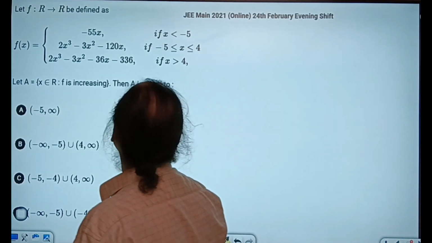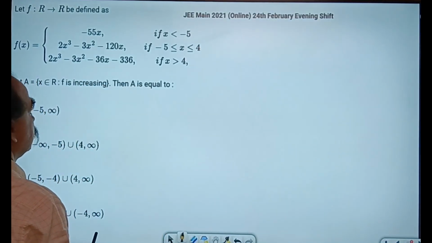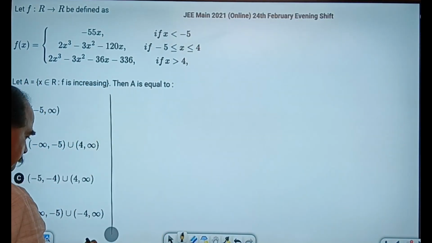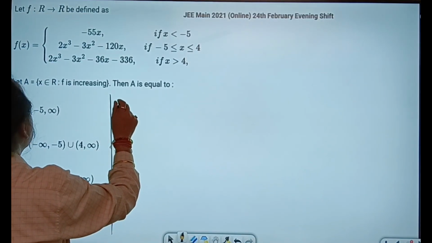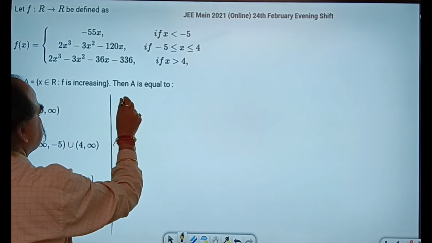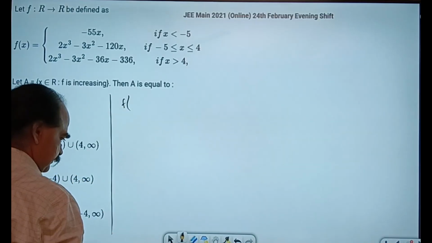If x is this, f dash x is what? Or let me write.